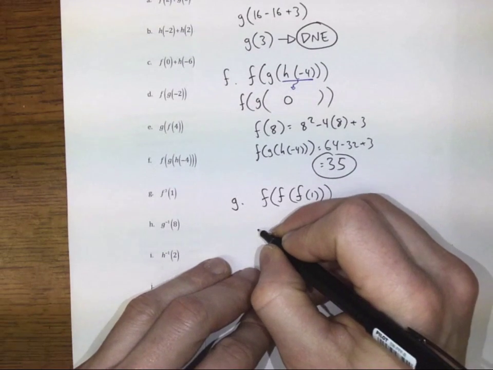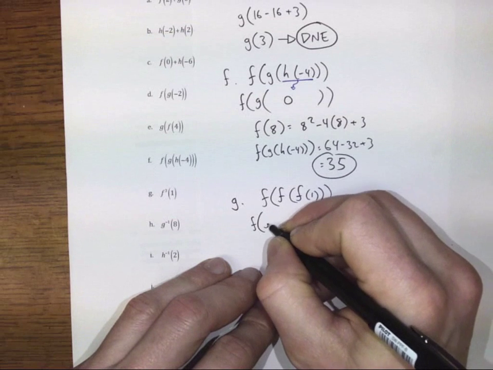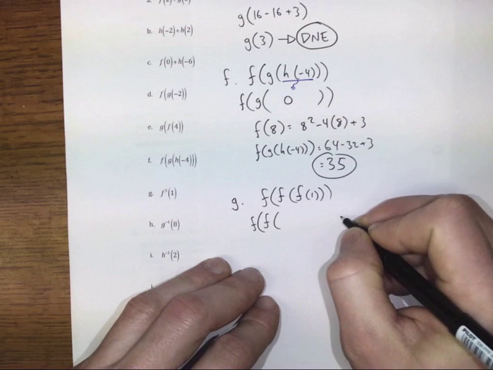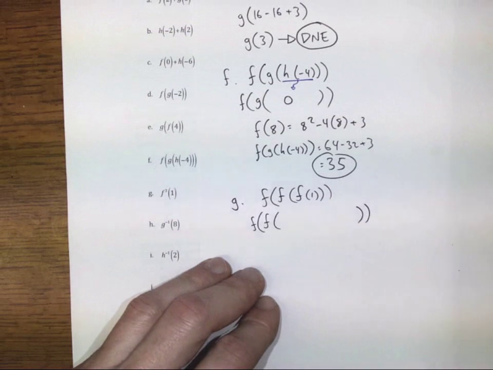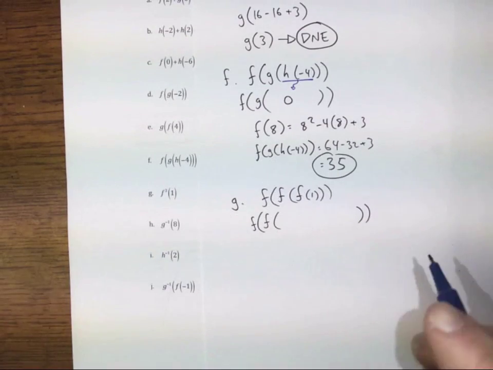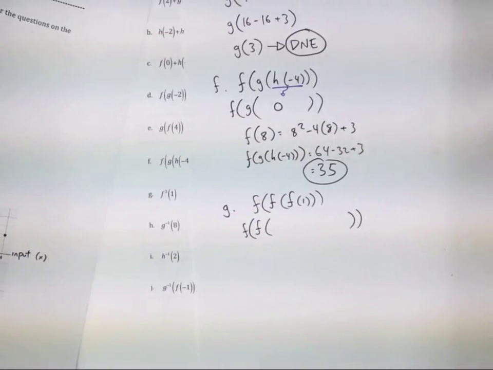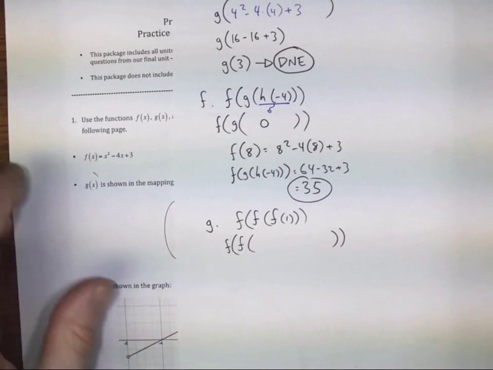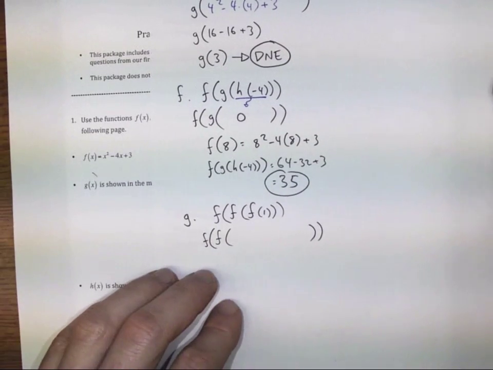All right. So I'll rewrite this as f of, I'm going to leave some space here, and I'm going to put 1 in for my f function here. Okay, so my f function is x squared minus 4x plus 3.